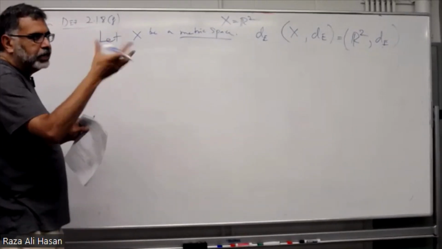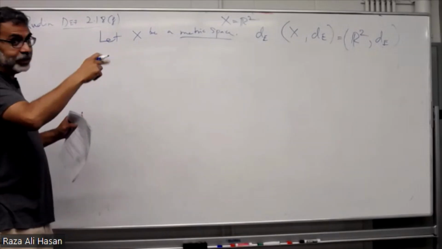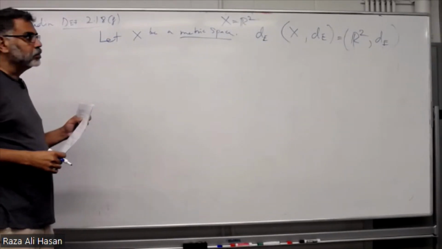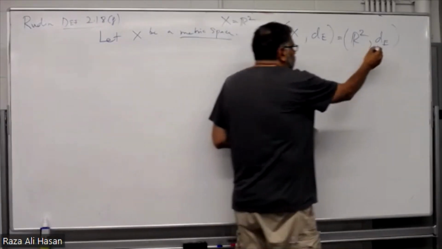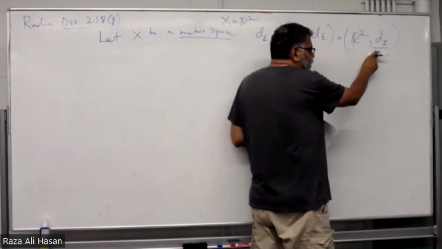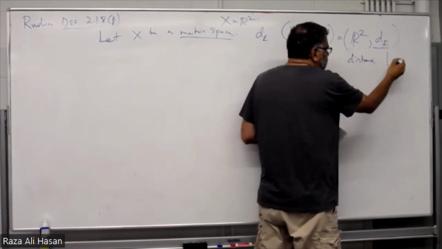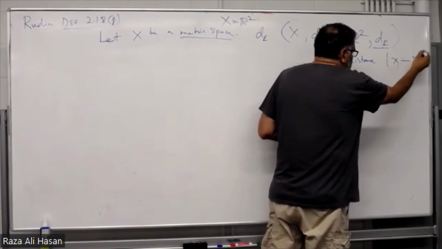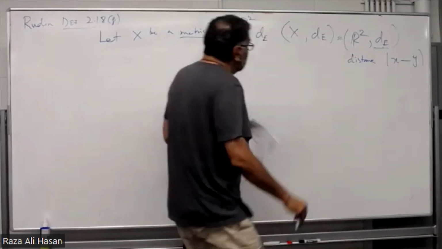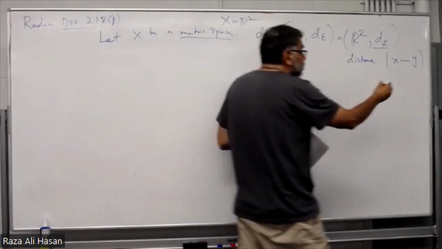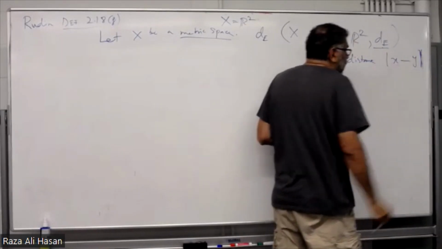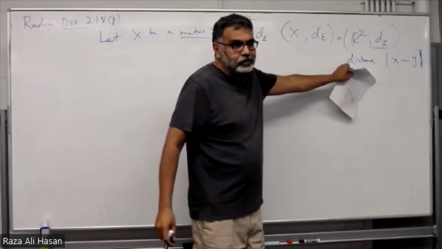The distances are positive in this space. So X is our metric space, right? The Euclidean distance function is this: take two points from R2, subtract them and put them in absolute value. That is our formula.